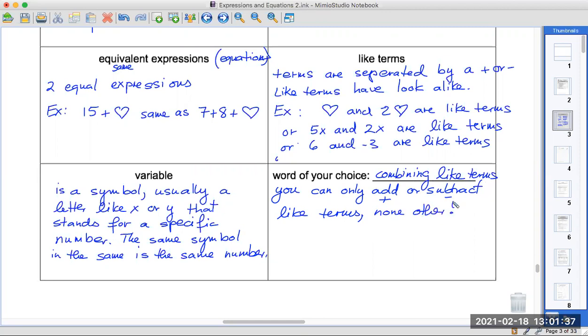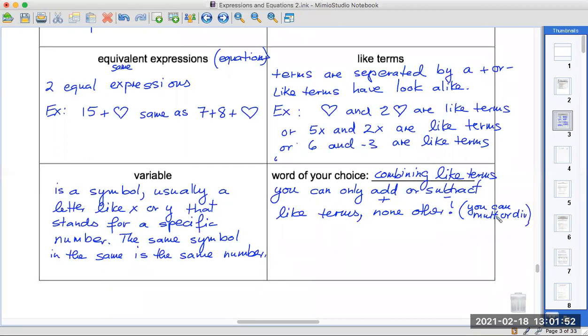Okay, super important. You can multiply or divide. That's later, but I want you to know you can multiply or divide them, but you can only add or subtract the ones that look alike. Super important, because my students, like a runaway train, want to add and subtract everything, but you can't.